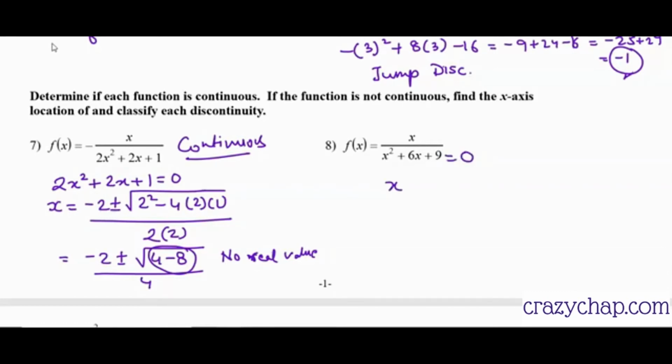So yes, you can do it and we will get x equal to minus 3. So there are two values of x which can make 0, minus 3 and minus 3. Anyway, because the denominator is making 0 for minus 3, this is an infinite discontinuity. Makes sense? Infinite.